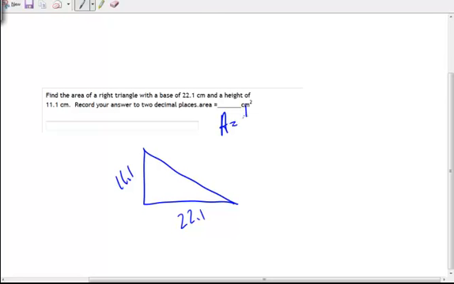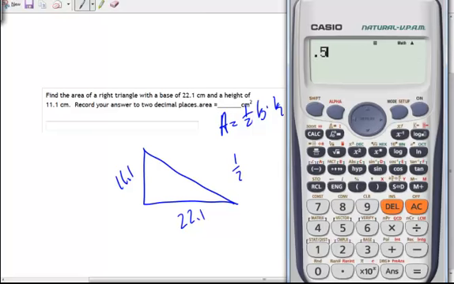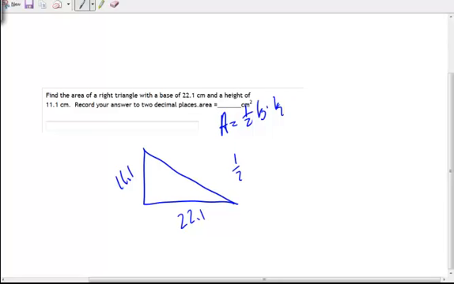Area is 1/2 base times height, and so we would take 1/2, well, we can do it on our calculator, 0.5, that's 1/2, times 11.1 times 22.1, and that will be our answer.